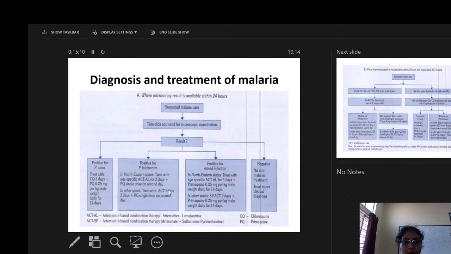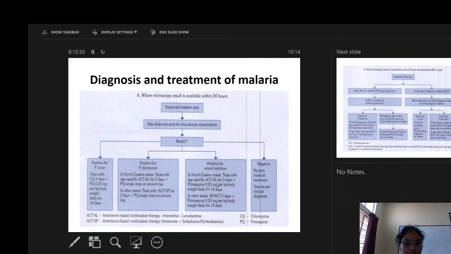Here ACT-AL means artemisinin based combination therapy with artemether lumefantrine, and ACT-SP has sulfadoxine pyrimethamine. Next, if it is positive for mixed infection, you will treat them as falciparum cases.